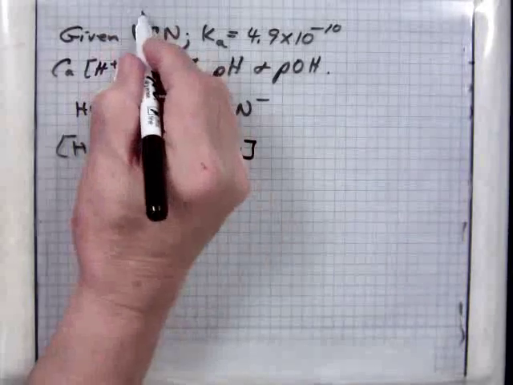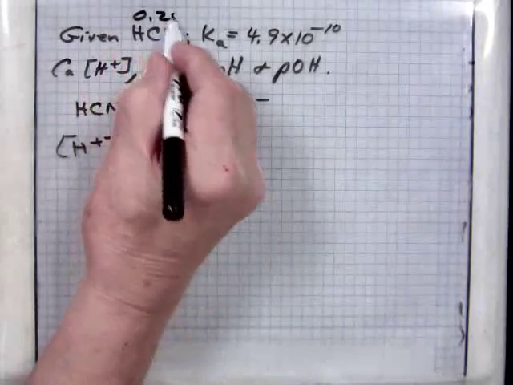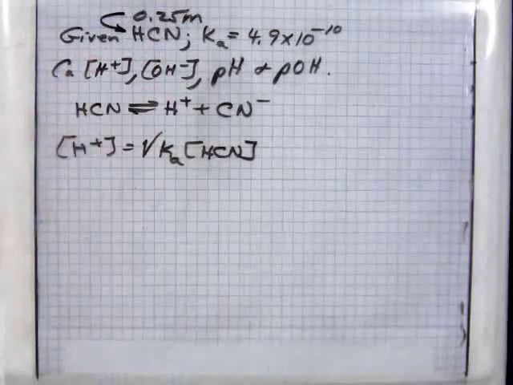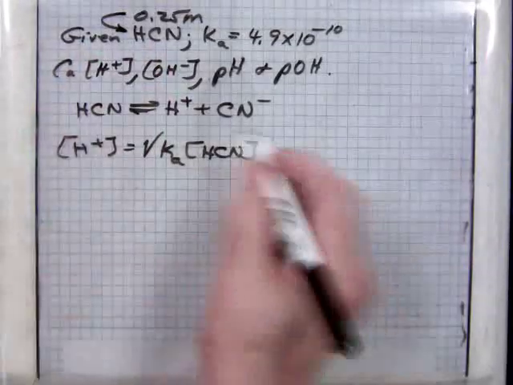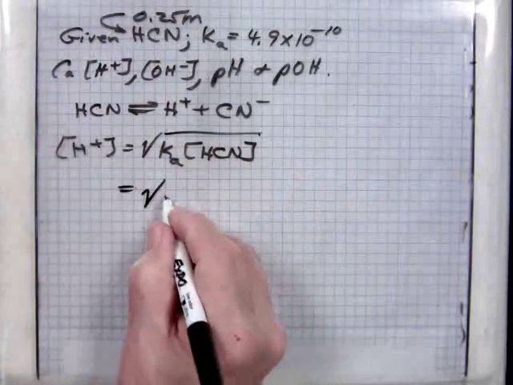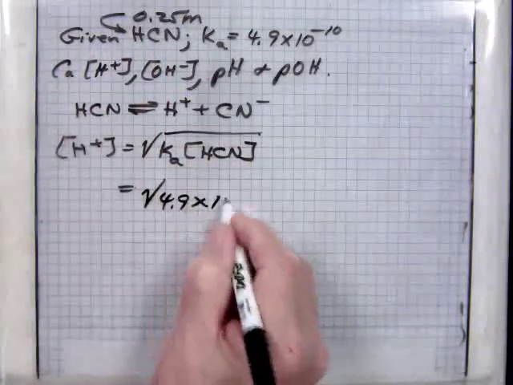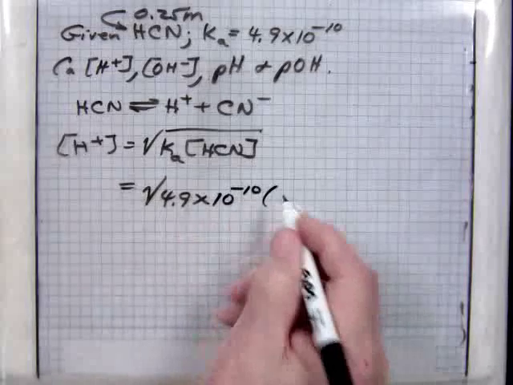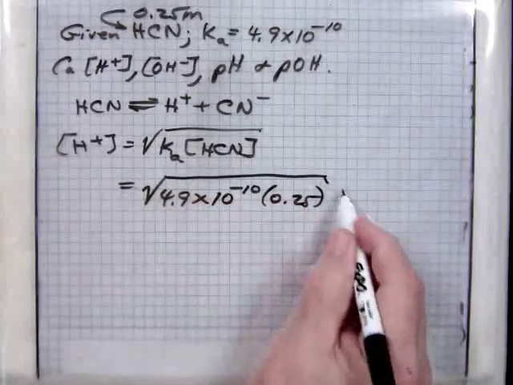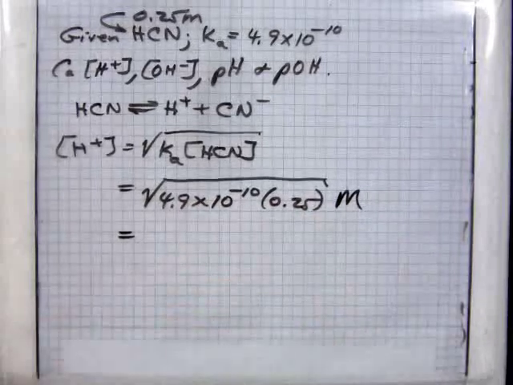Let's say we have a 0.25 molar HCN. Forgot that part. Let's put that in there. And so the hydronium ion would be the square root of 4.9 times 10 to the minus 10 times 0.25. All comes out in moles per liter.